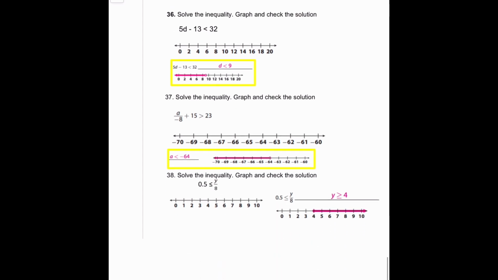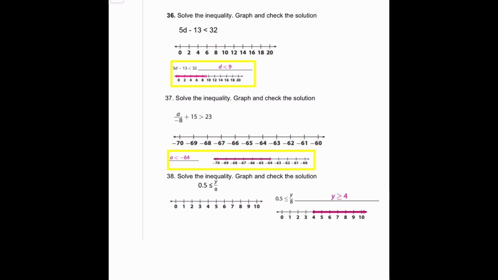Now solve the inequality and find the answer for this. 5d minus 13 less than 32. So minus 13 will become plus 13, plus 13 here, right? So this will be 5d is less than 45.